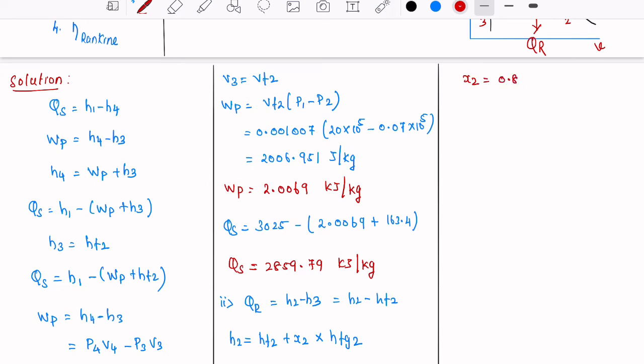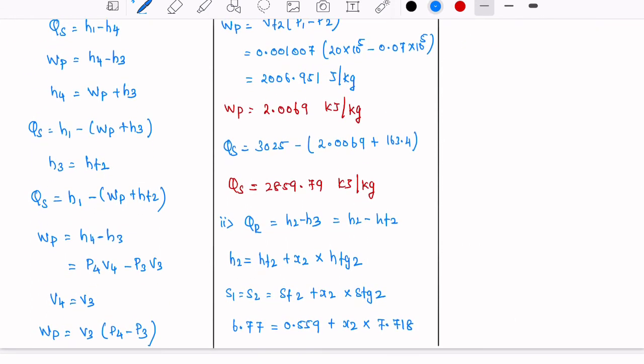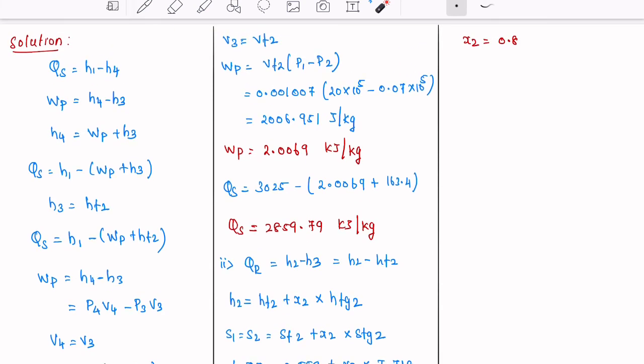Now, substituting the value of X2 in the enthalpy equation, that is H2 is equal to HF2 plus X2 into HFG2, you can find the value of H2.